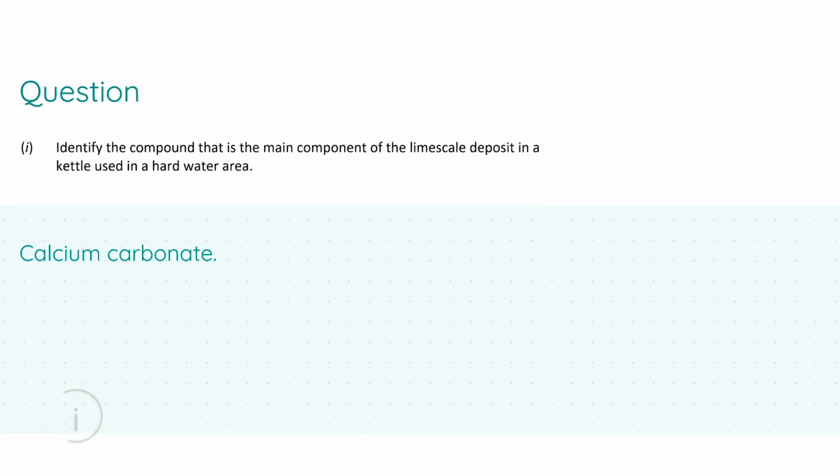Question I asks us to identify the compound that is the main component of the limescale deposit in a kettle used in a hard water area. So we know from the water chapter that hard water contains a lot of calcium carbonate, okay, and that's why it's hard water, okay? So calcium carbonate is going to give you your 6 marks. You could also write the chemical formula, which is CaCO3.